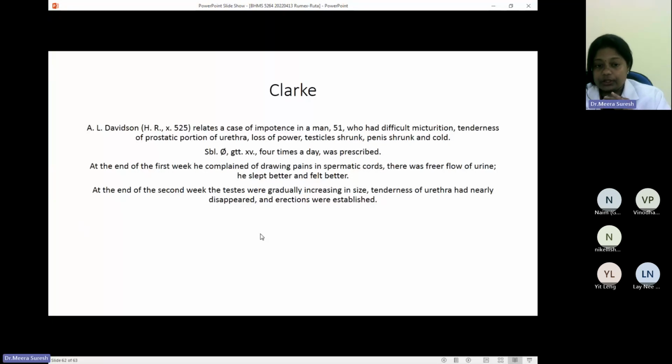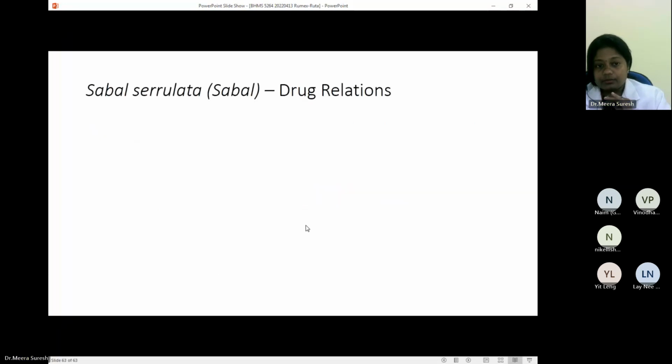There was free flow of urine. He slept better and also felt better. At the end of the second week, the testes were gradually increasing in size, and erections were established. In 2 weeks more, the cure was complete, the testes even larger and firmer.